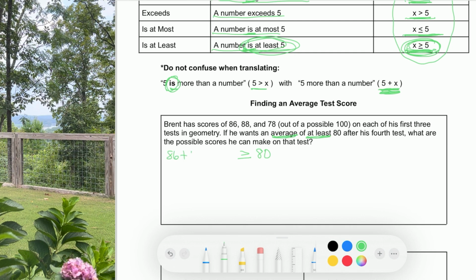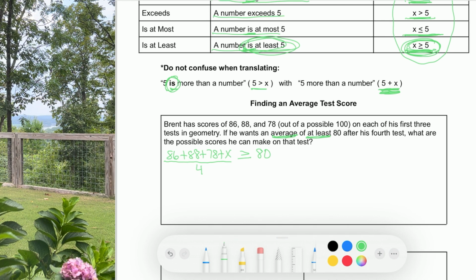So I have 86 plus 88 plus 78 plus that mystery test score that he hasn't done yet, because we're trying to figure out what he has to make on that test to keep at least an 80 in the class. To get the average, we need to divide by the number of tests that we have, which is 4.